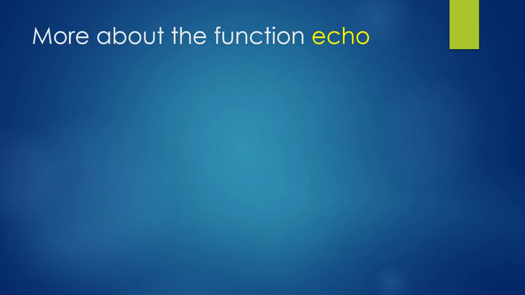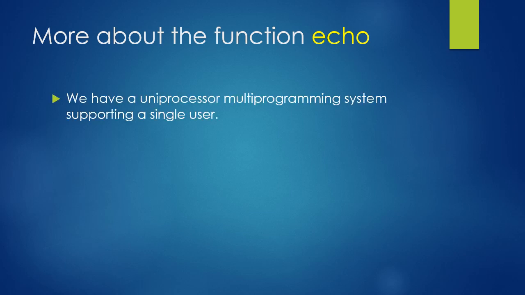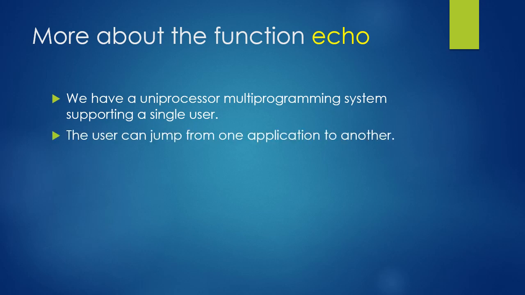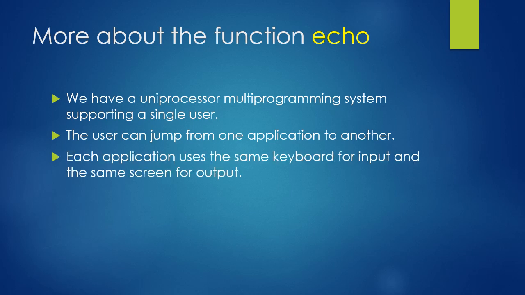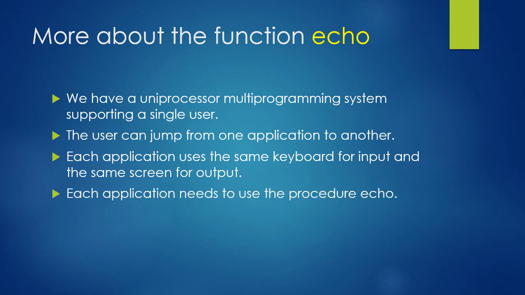Let me tell you some more things about the function echo. Consider that we have a uniprocessor multi-programming system supporting a single user. The user can jump from one application to another, and each application uses the same keyboard for input and the same screen for output.